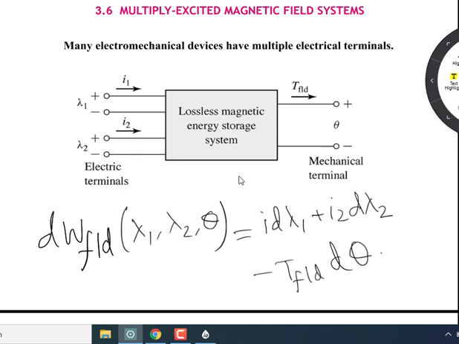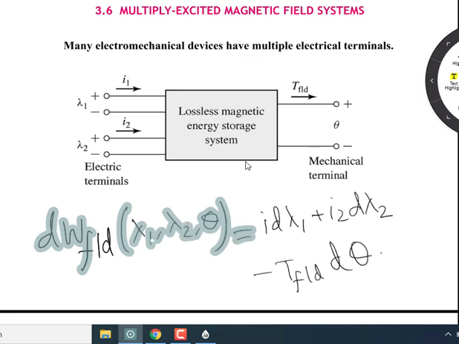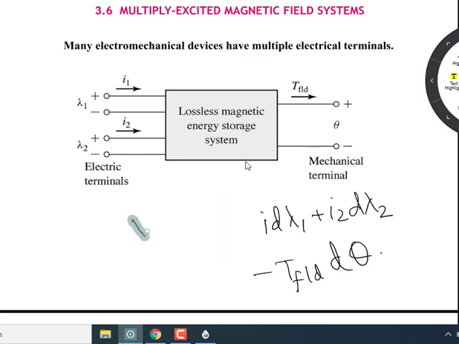In direct analogy with the previously discussed single element system, we can write that this is our total expression of energy.